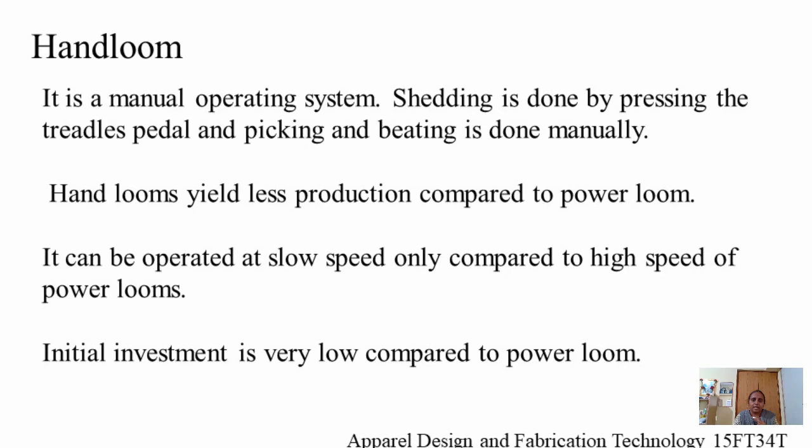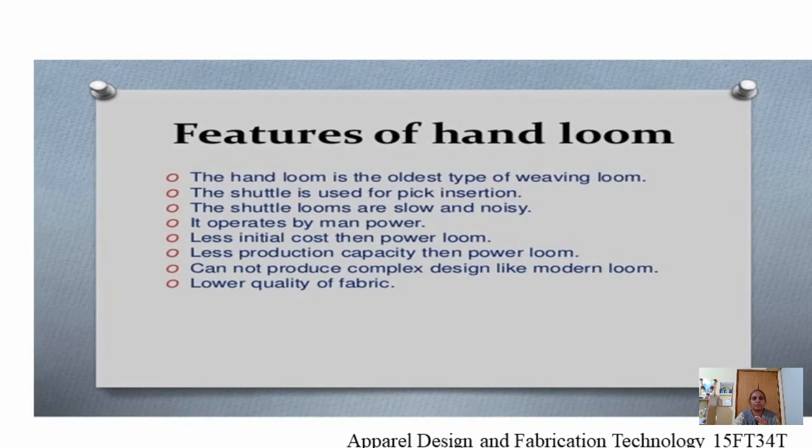As all the processes are carried out by hand, the operation will be very slow compared to power looms. Initial investment is very low compared to power looms, because the machines are very costly in power looms.